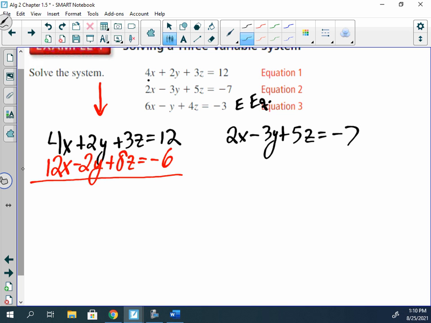We wanted the y's to cancel out, yes? So to do that, we've got the y values the exact same, 2y and 2y. Now we're either going to add the two equations together or we're going to subtract them. So would we need to add these or subtract these to get the y's to cancel?